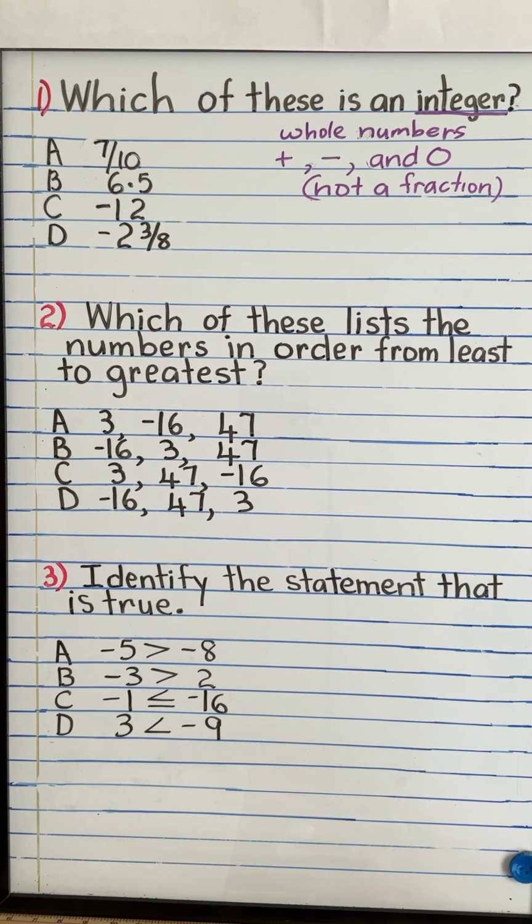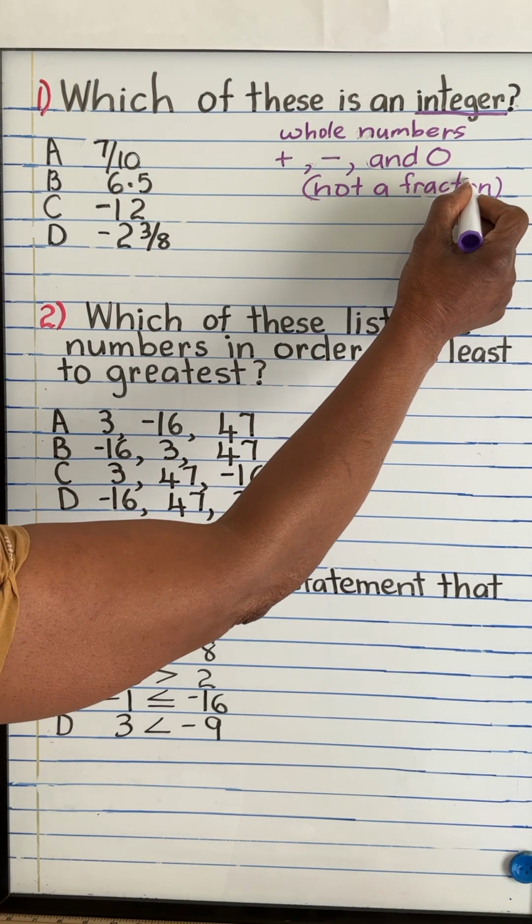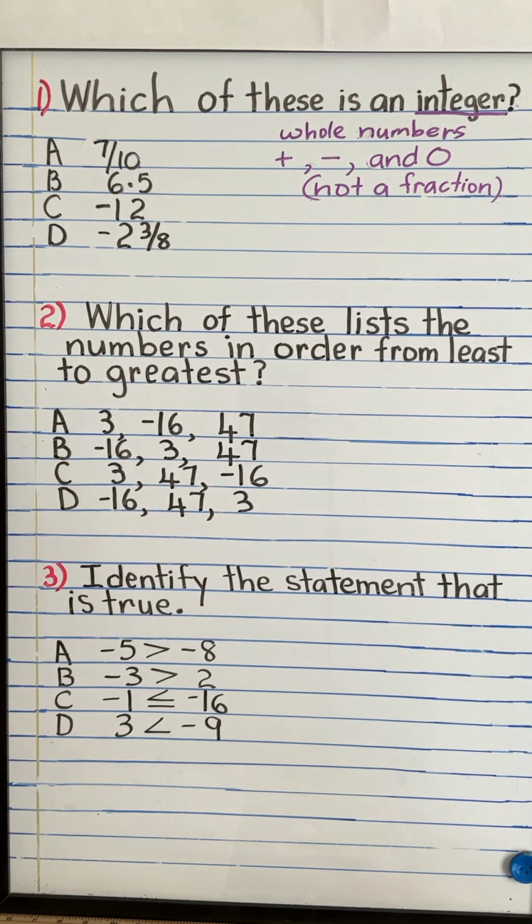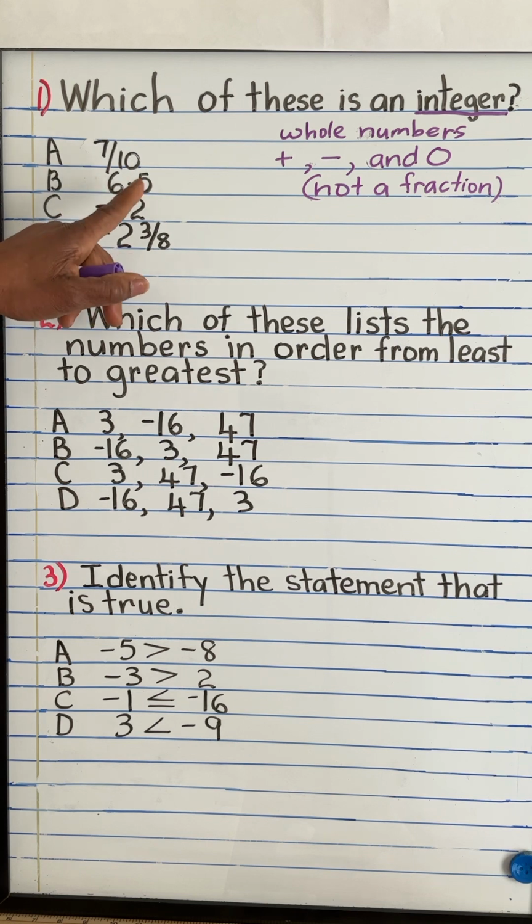Okay, so which of these is an integer? An integer is a whole number, positive or negative, and also zero, and an integer is not a fraction. So let's look at our choices and see which one of them is an integer. A is a fraction. B is a fraction, a decimal fraction.